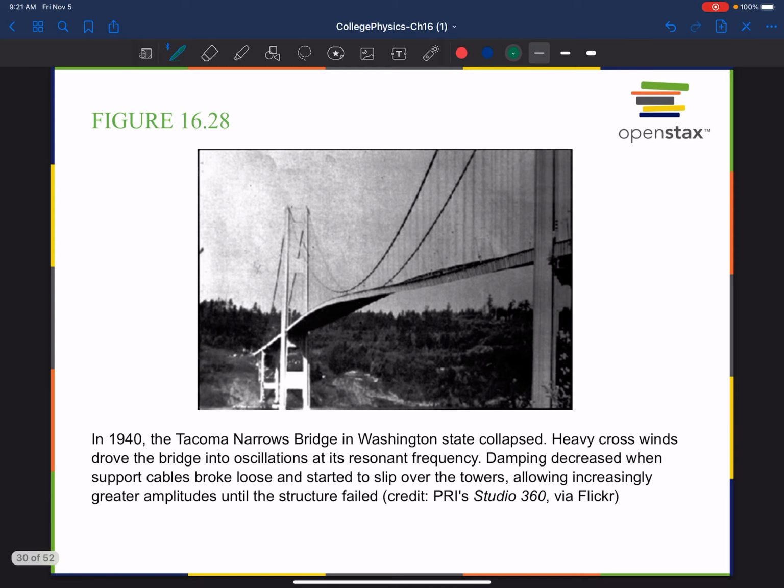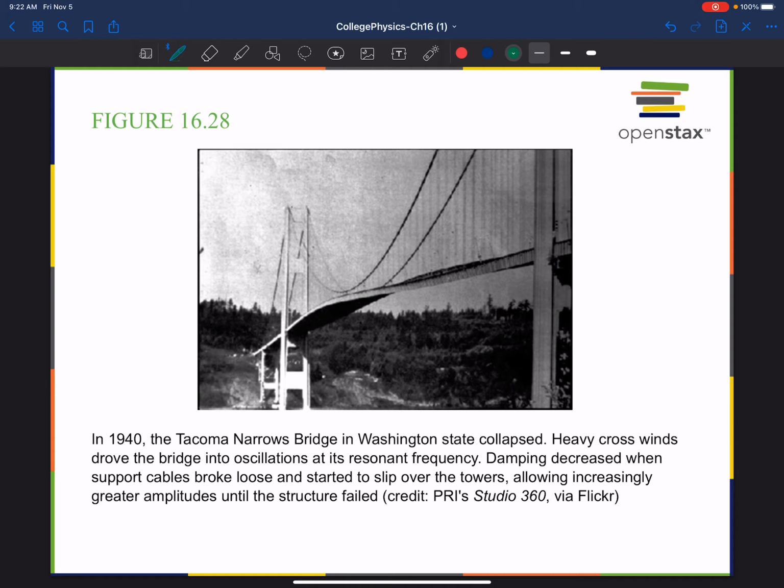This is just a brief real-world example of what can happen if something's vibrating at its natural frequency. So back in 1940, there was a bridge in Washington, and the winds got really heavy on a particular day. And when they got really heavy, the bridge started oscillating. Well, the wind reached the perfect speed, and that bridge found its resonant frequency, or that natural frequency.